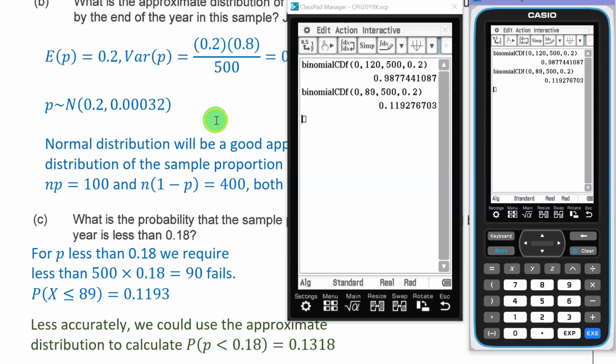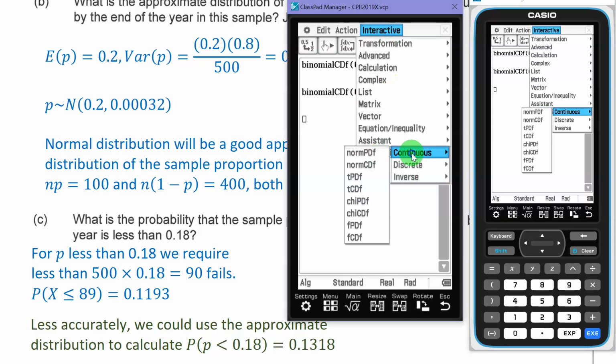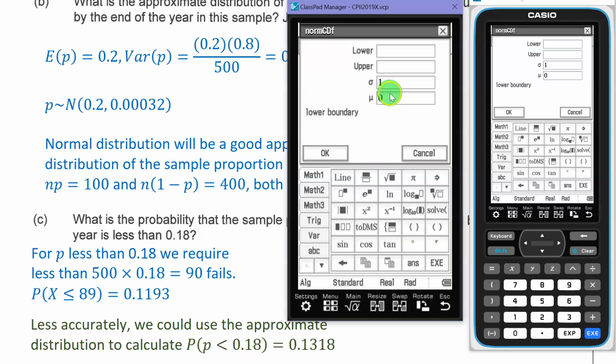So that's the accurate way. Less accurately is to use the normal distribution that we just found. It is the approximate distribution, it's not the exact, so that's why this method is less accurate. But we could use this normal distribution and work out the probability of getting a proportion of less than 0.18. So that would be interactive, distribution, continuous, normal. We want a proportion from negative infinity to 0.18.